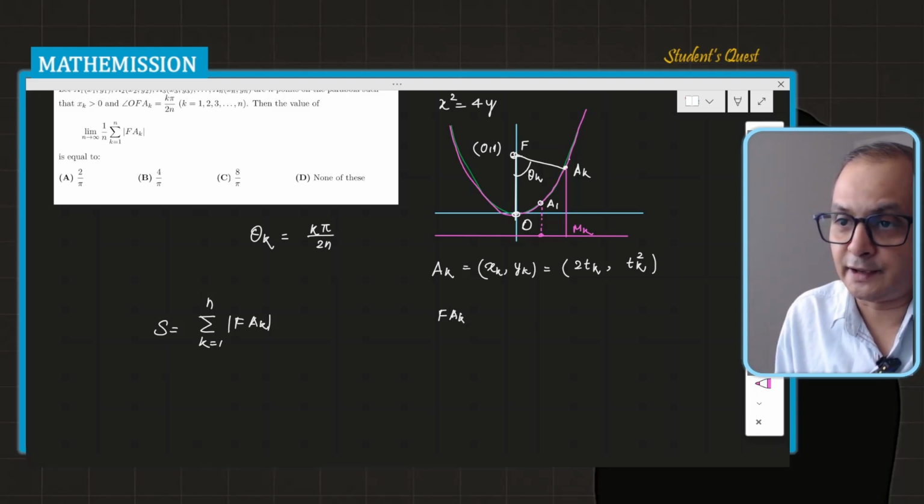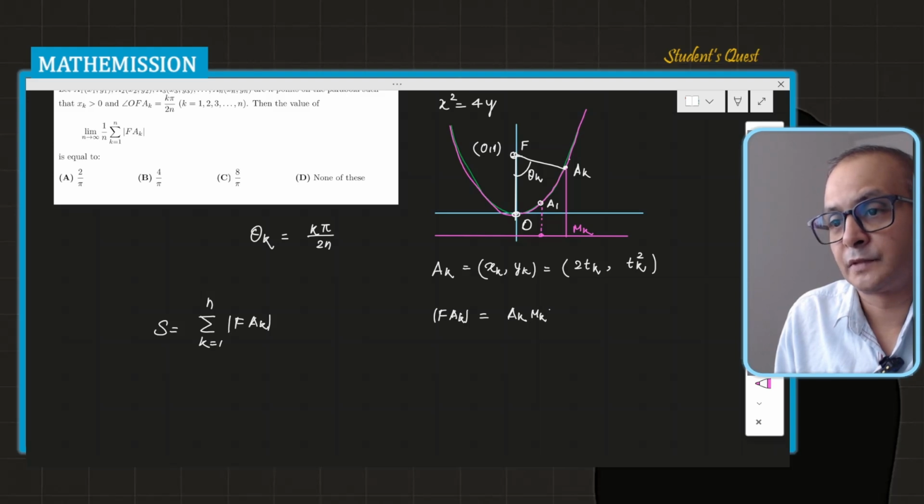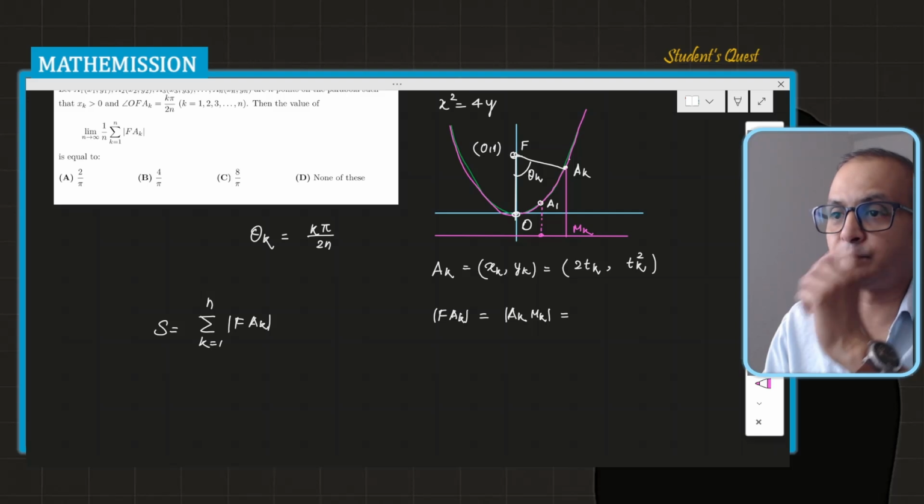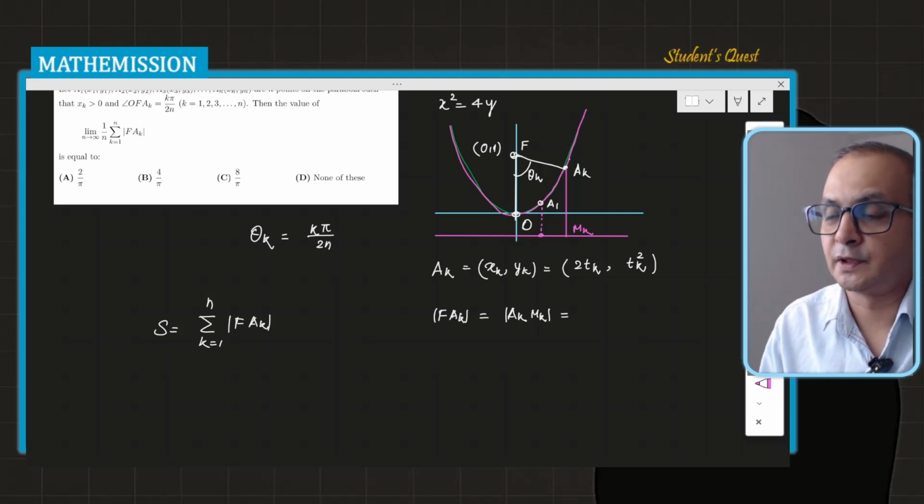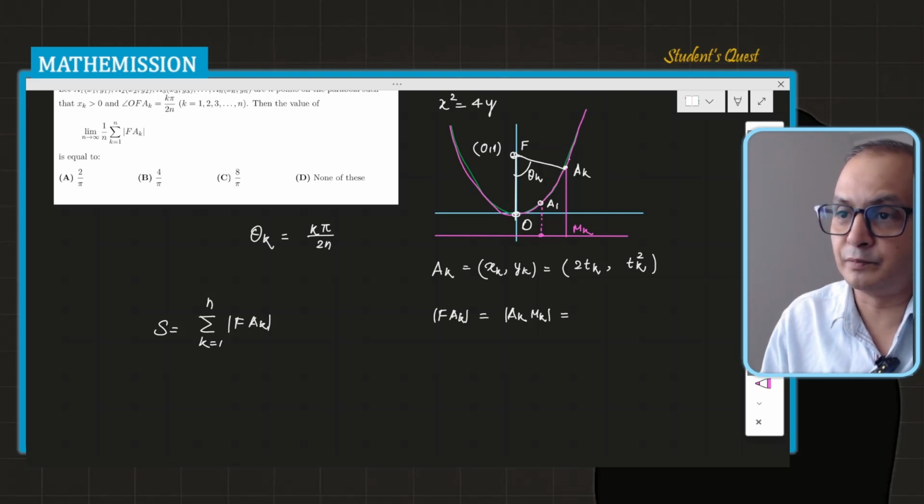I can write FAK as AKMK, meaning the vertical distance of the point from this directrix. But you notice that the directrix is always a unit behind the vertex of the parabola.